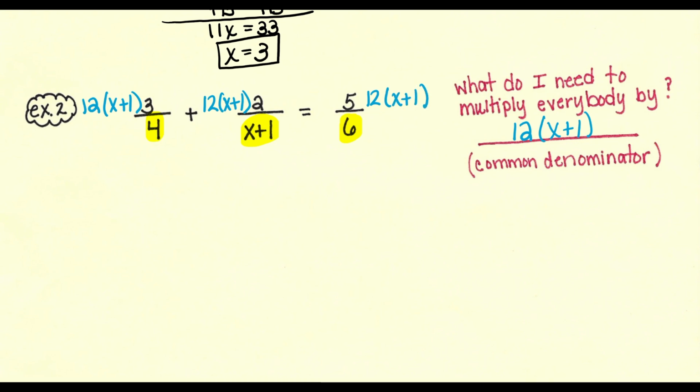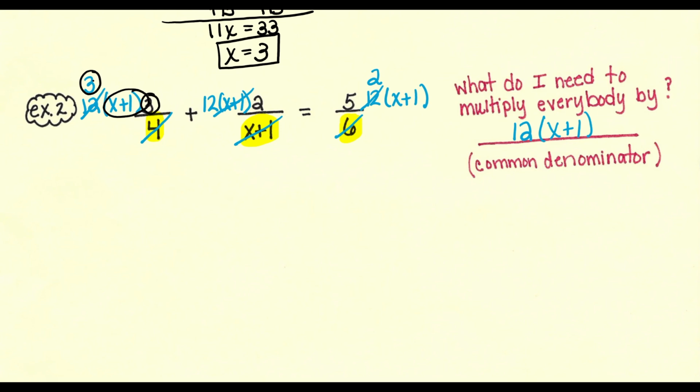So then let's say 4 goes into 12 3 times. X plus 1 and x plus 1 are going to cancel. 6 goes into 12 2 times. All right, let's see what we're left with. Here we have 3 times 3 and an x plus 1.